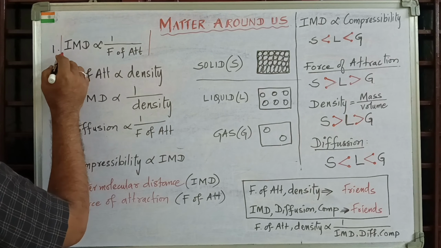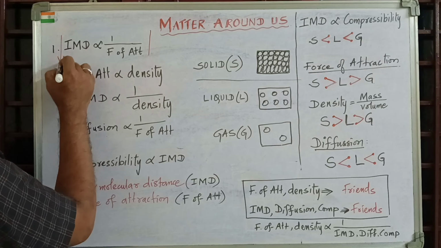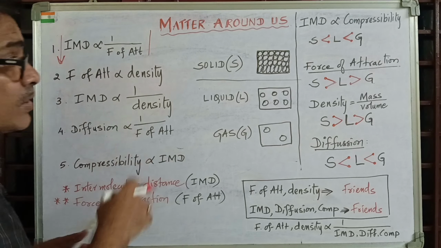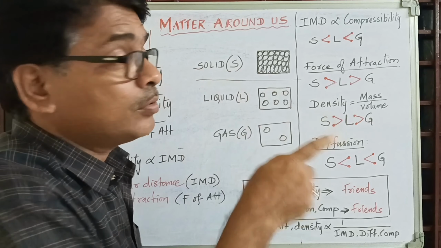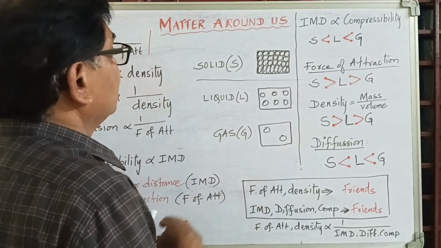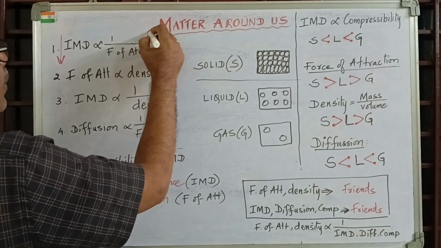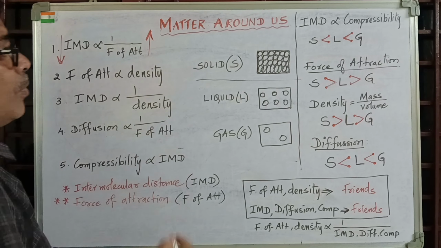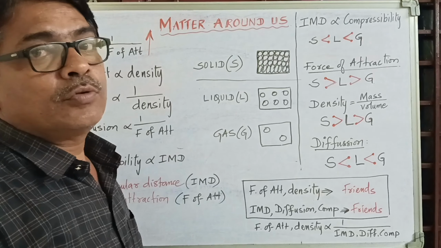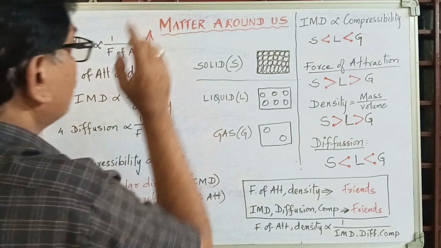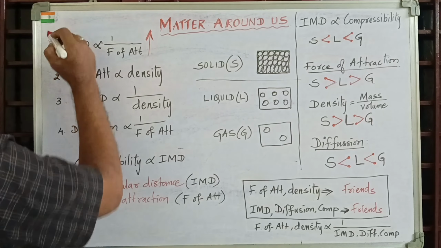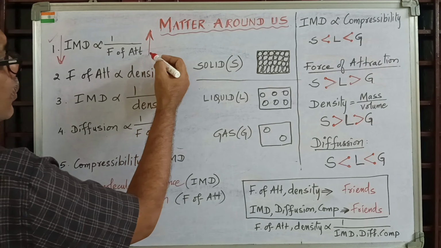If the intermolecular distance is less, it's in solid, the distance between two molecules here is less, then automatically force of attraction will be more, because molecules are very close to each other. So it's true, this is confirmed, right? Finish.